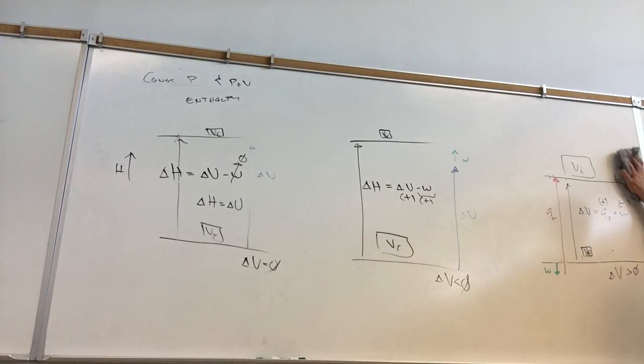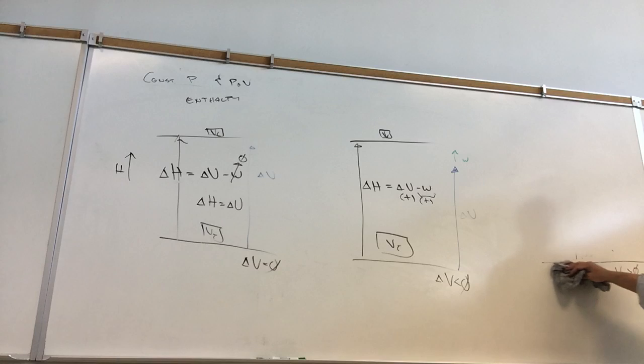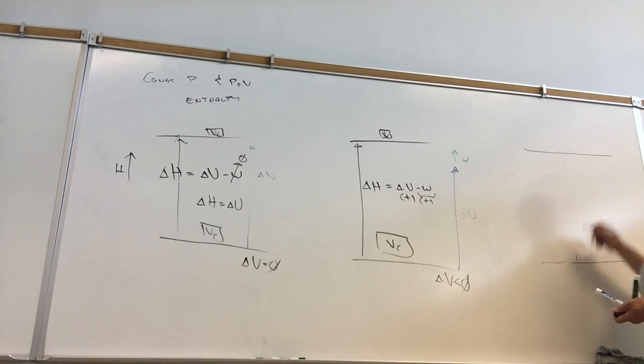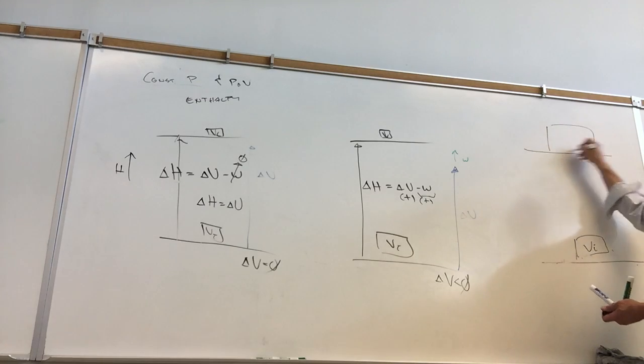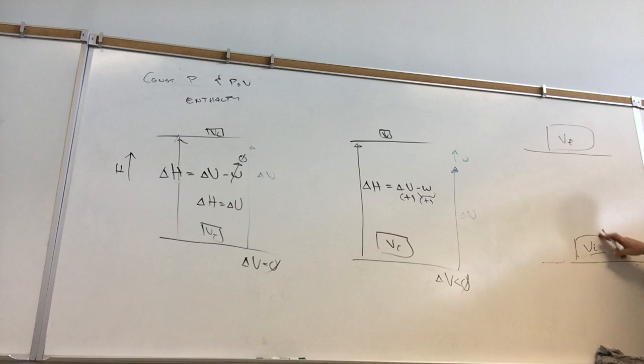But actually, let's compare it with this next scenario and just make sure that scenario is correct. Because this is the case where V initial goes to a bigger V final. And see what happens here.